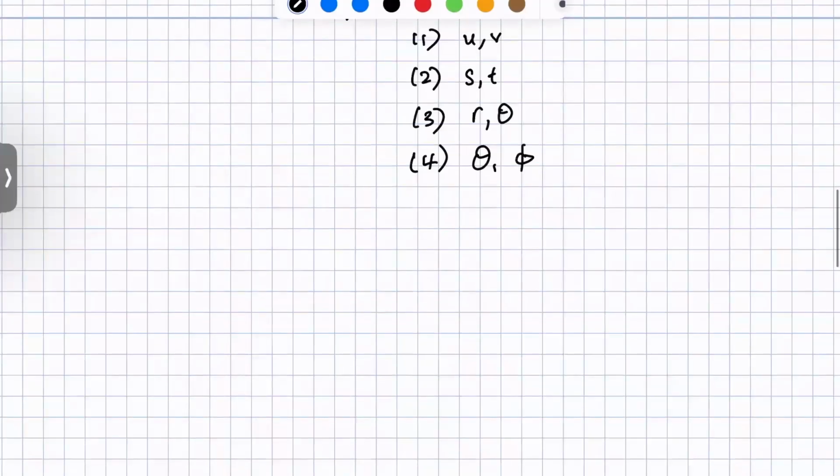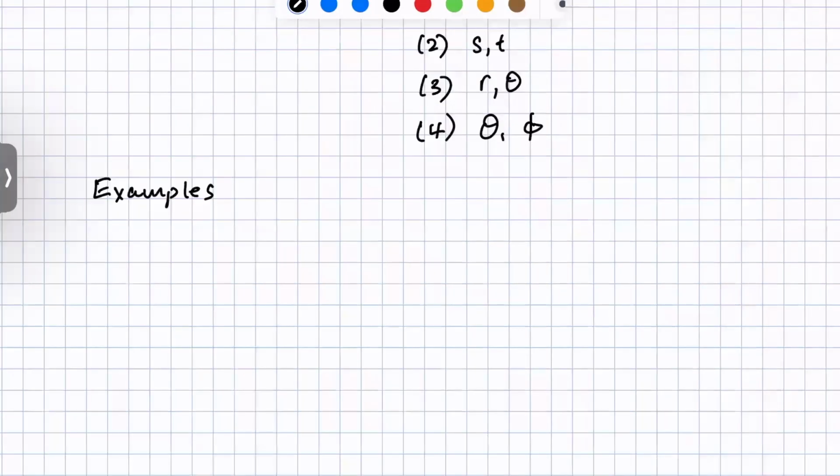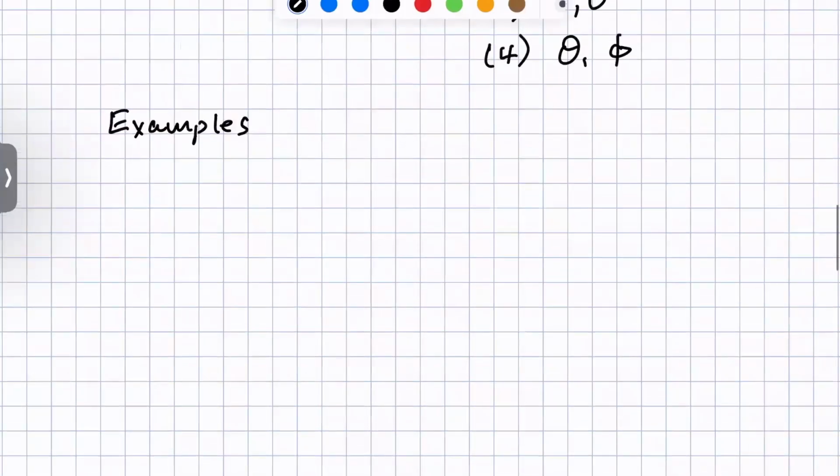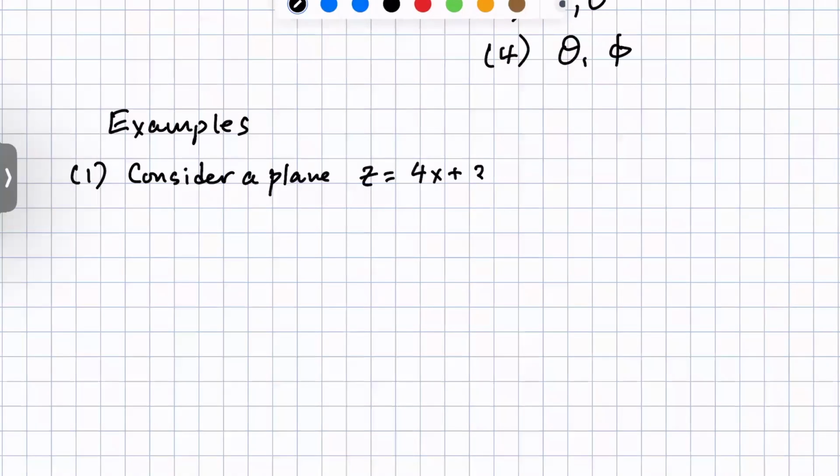Now let's start taking a few examples of how we go about parametrizing surfaces. And we'll do some examples, and then we'll talk about some technicalities and exactly what we're doing. Suppose we wanted to take a plane, say z equals 4x plus 3y.